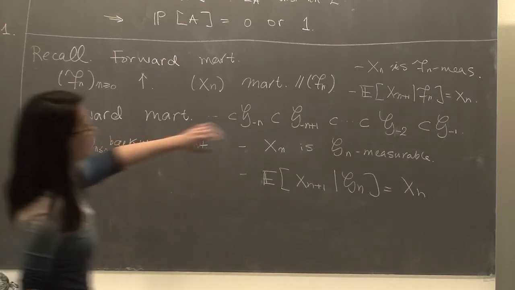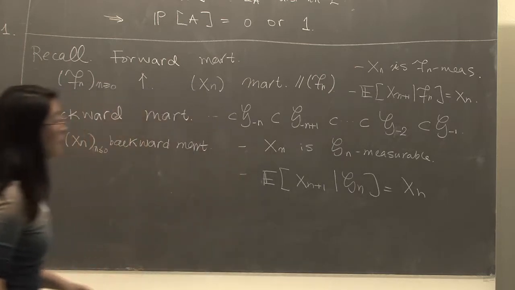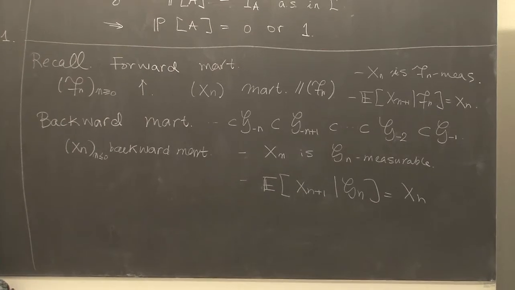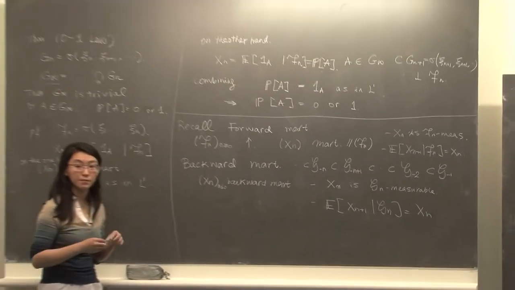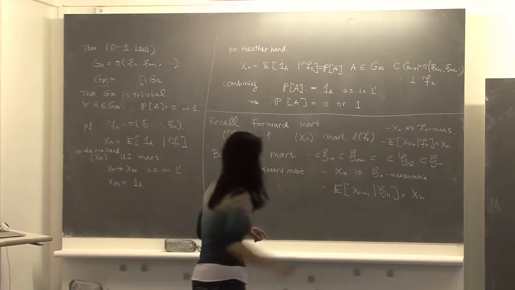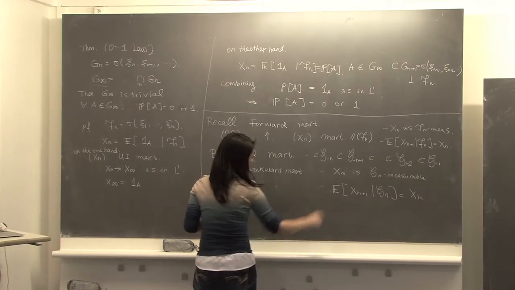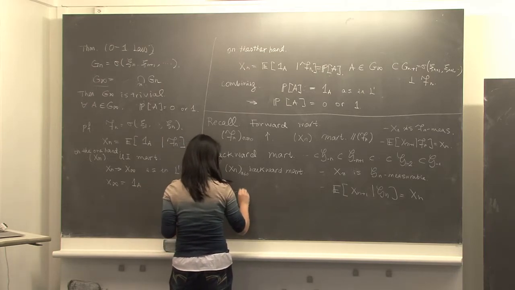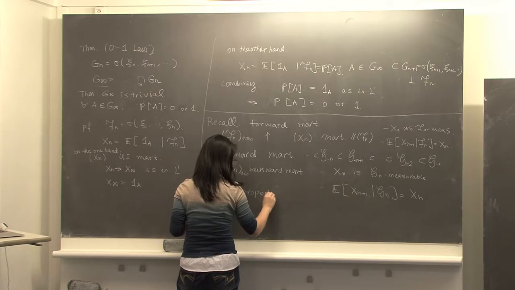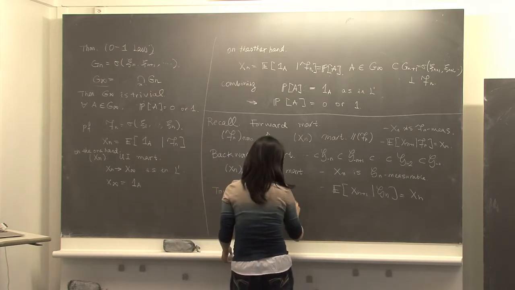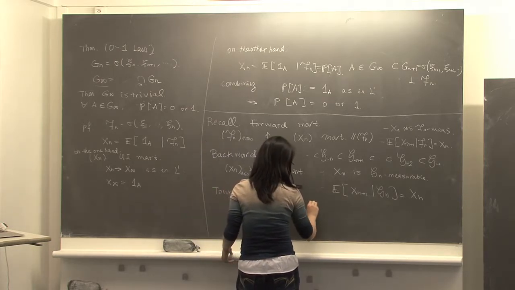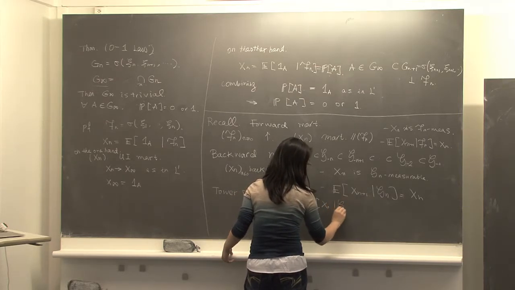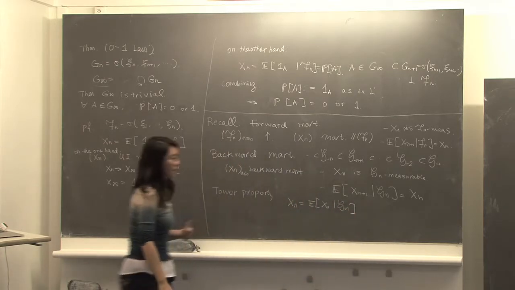So formally these two conditions are the same, but now all the indices are negative integers. Okay, this is a backward martingale. From the definition, by the tower property, we always have Xn equals the conditional expectation of X0 given Gn, where n is a negative integer.